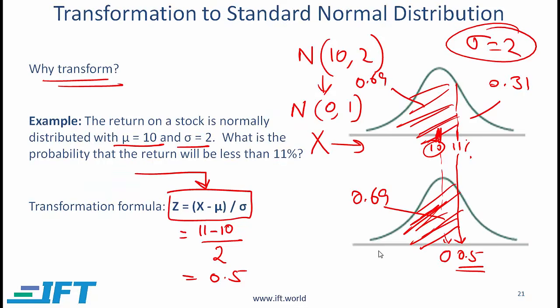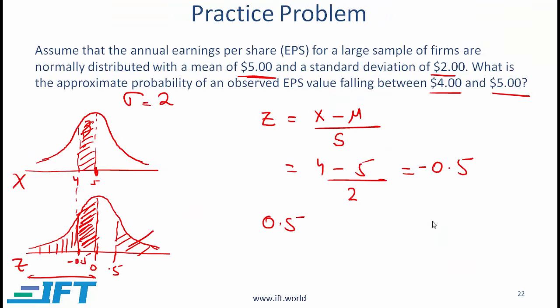Earlier, we noticed that for 0.5, this whole area is 0.69, which means that this area is 0.31. So this area is 0.31, which means that this area over here, given symmetry, is also 0.31. And the area that we are after, which is right here, is equal to 0.5 minus 0.31, which is equal to 0.19.